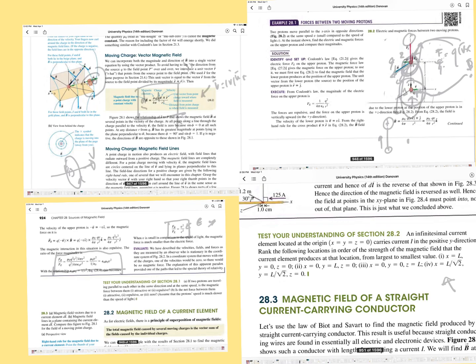So particle 1 is moving up in the j direction, and particle 2 is moving in this direction that I cannot see, in the i direction.